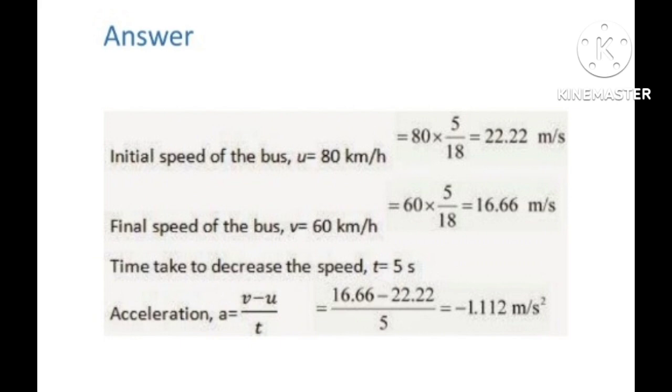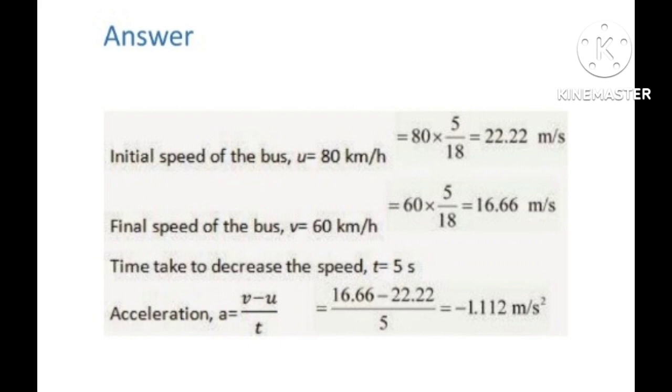The initial speed of the bus was 80 km per hour, that is u = 80 km per hour, and the final speed is 60 km per hour, that is v = 60 km per hour, and the time interval is given as 5 seconds. We have to calculate the acceleration of the bus.